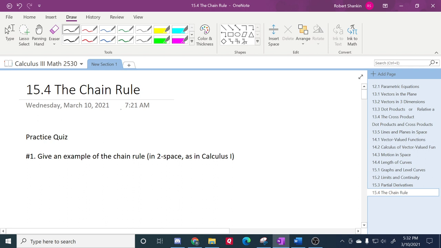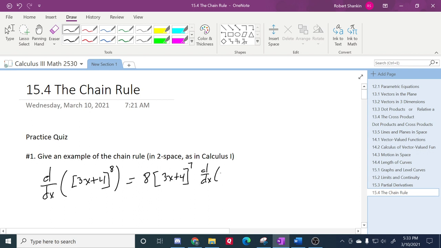Okay, 30 seconds more. So if I was taking the derivative of, let's say, 3x plus 4 to the 8th, I would take the derivative just like it was x to the 8th. 8 times the 1 out front and decrease the exponent by 1, but then I have to chain on the derivative of the internal.